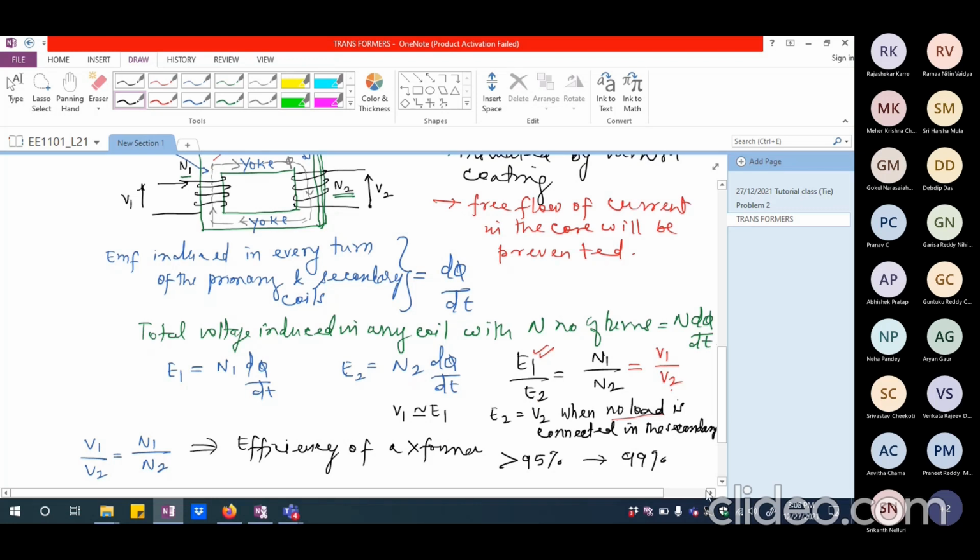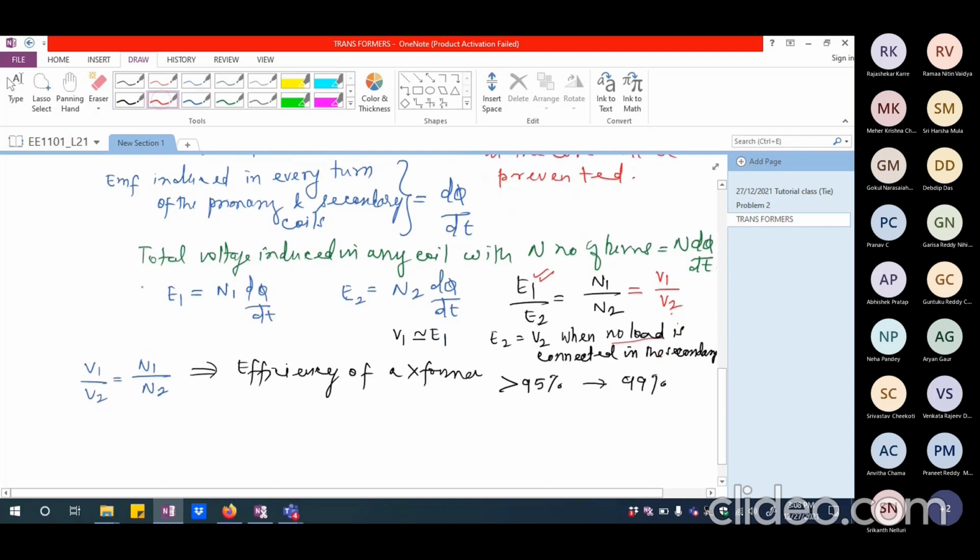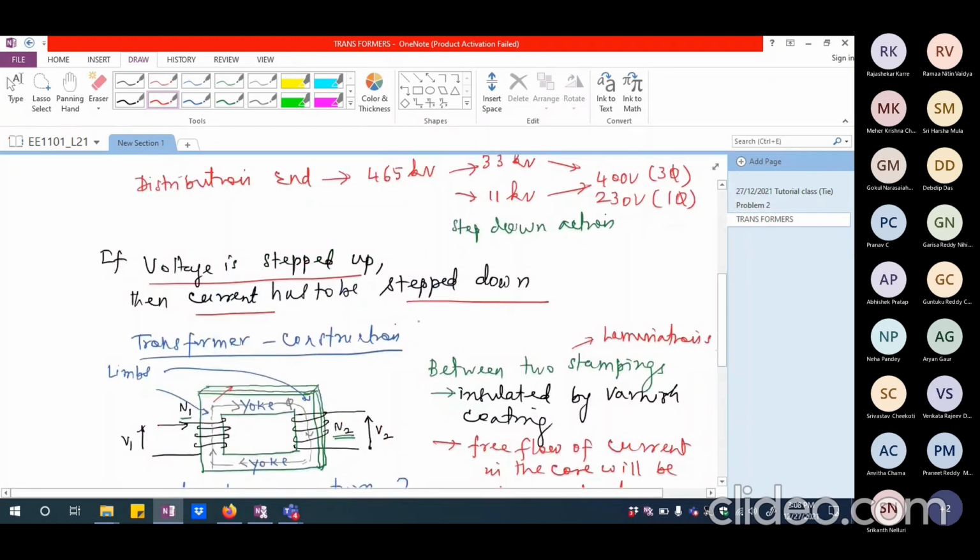So you will hardly see any loss going from input to the output side. If I say that V1 I1 is the input volt ampere, please note I am not saying wattage, I am saying volt ampere, because the displacement between the voltage and ampere depends heavily upon what kind of load I am going to connect here.